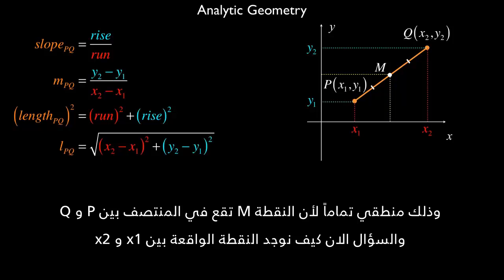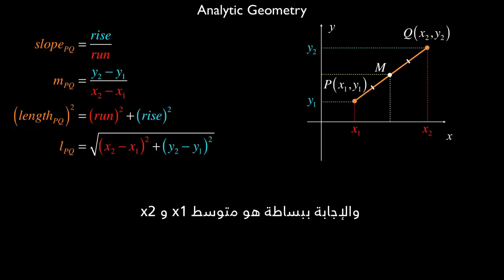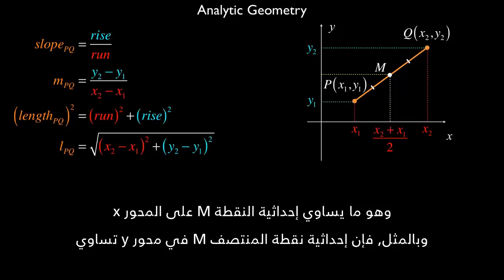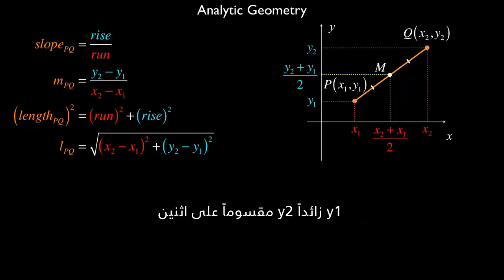So the question is, how do we find the halfway point between x1 and x2? Well, that's really just simply the average of x1 and x2. What I'm saying here is that we take x1 plus x2 and divide by 2, and that would give us the x-coordinate of M. Similarly, we would do the same thing for the y-coordinate, so we'd have y2 plus y1 all over 2.